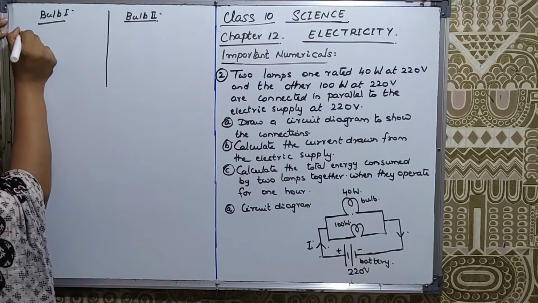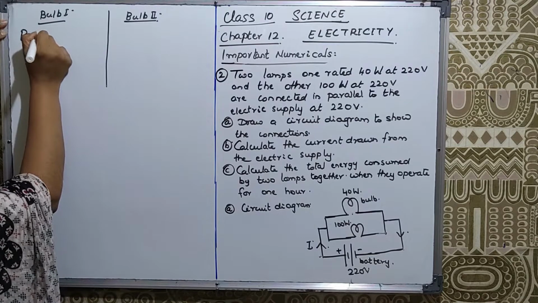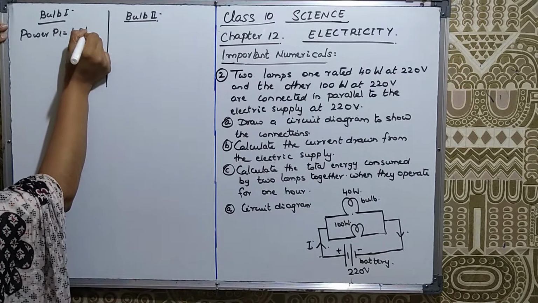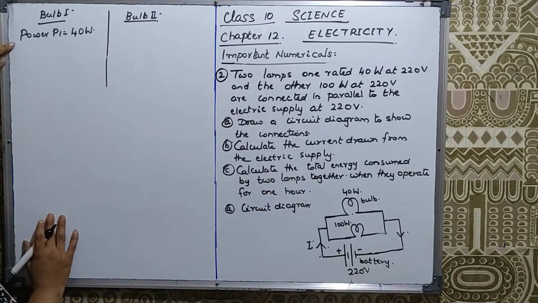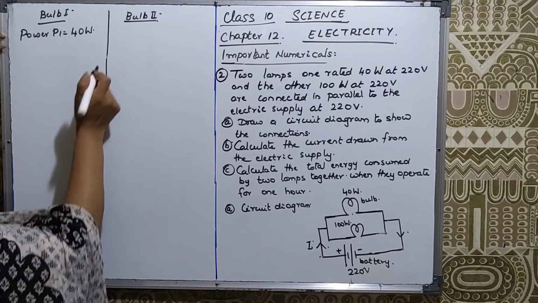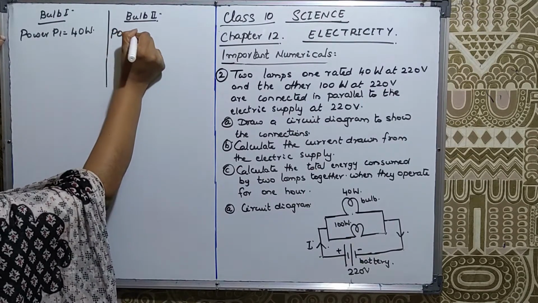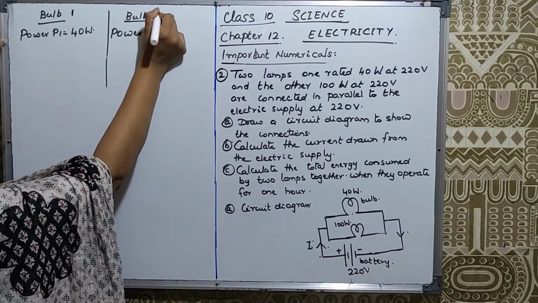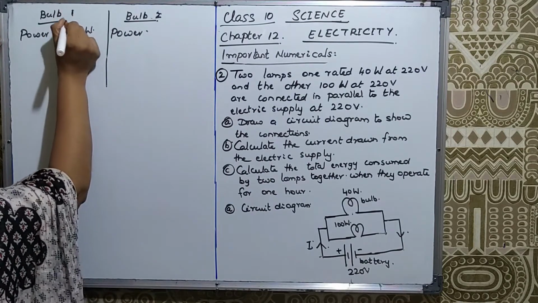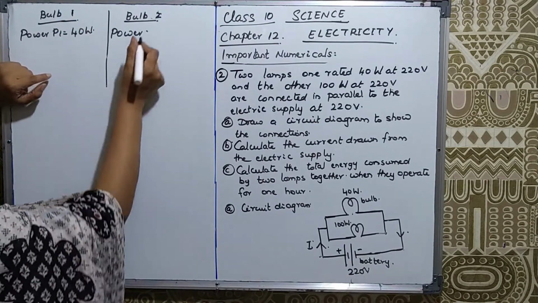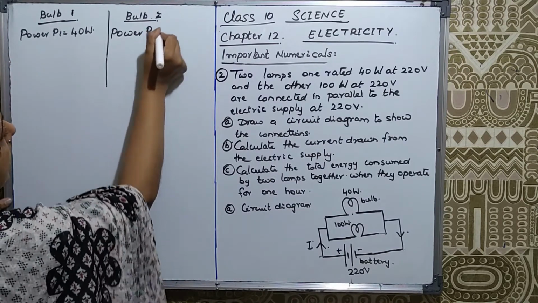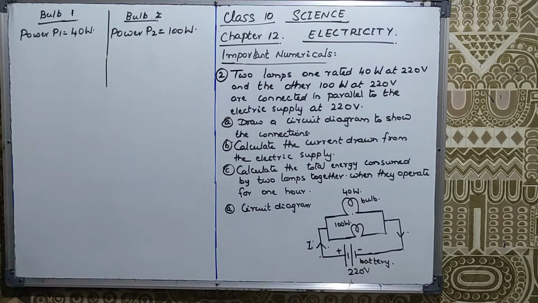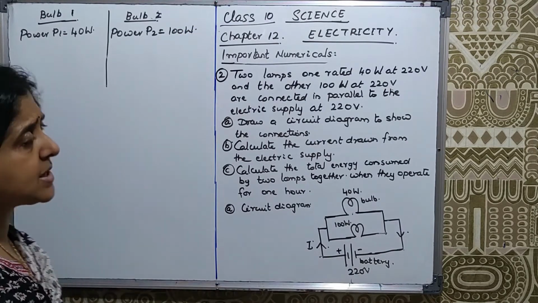In bulb 1, the power P1 equals 40 W. For bulb 2, the power P2 equals 100 W, and it is connected in parallel to a 220 V supply.